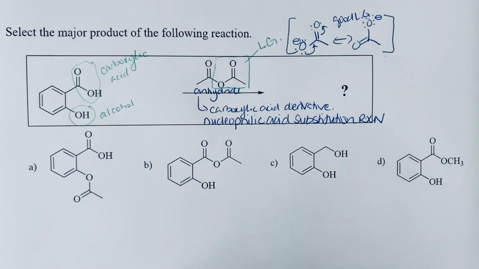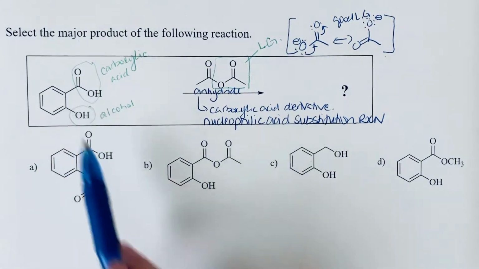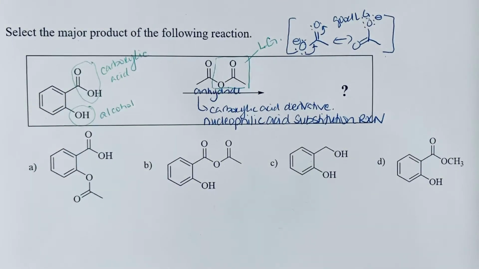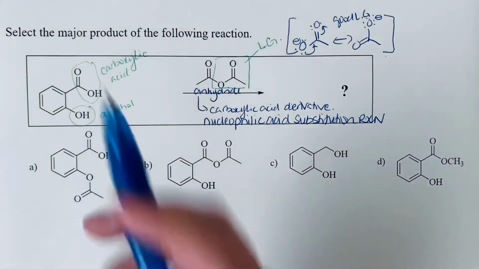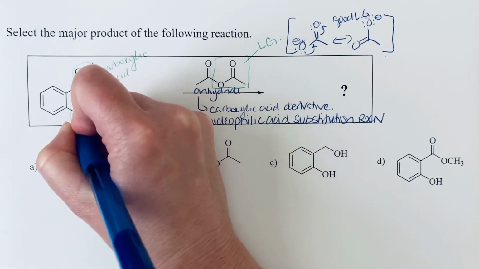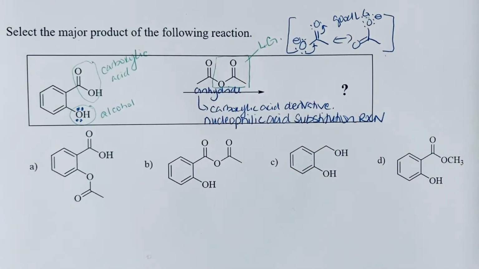A nucleophile has to have lone pairs of electrons, or reactive pi bonds. The benzene ring doesn't have super reactive pi bonds, so I'd really consider the carboxylic acid and the alcohol. Of those, your alcohol is going to be the stronger nucleophile.